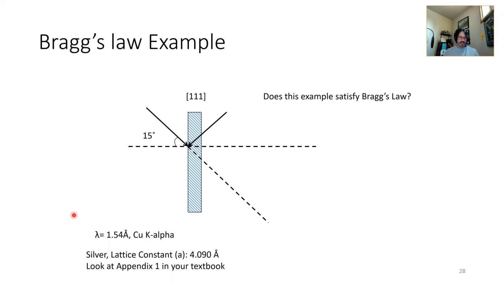This is silver, so we're examining silver, and the lattice constant a equals 4.09 angstroms. And so we want to know, does this example satisfy Bragg's law? So let's go ahead and work through this right quick. When I work through it, I think it'll be a little bit less confusing than I've depicted it here.